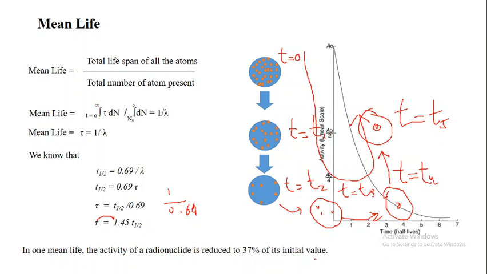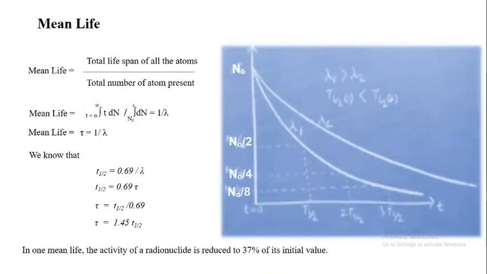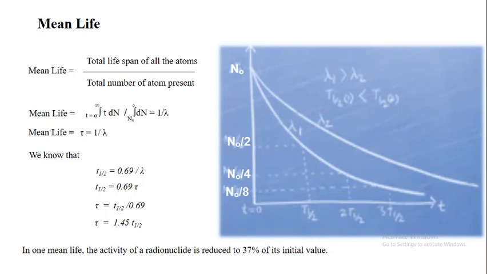Okay, let's see this figure again. This is an activity graph which shows the activity after each passage of half-life, as we have studied earlier. Let's explain it. There are two kinds of radionuclides. One has decay constant lambda 1, the other has decay constant lambda 2.